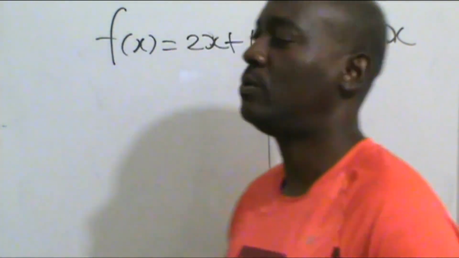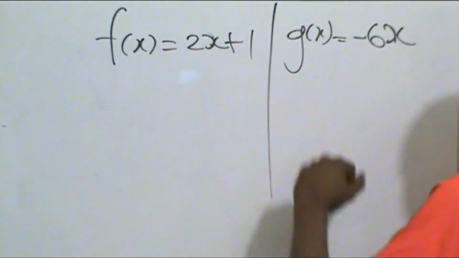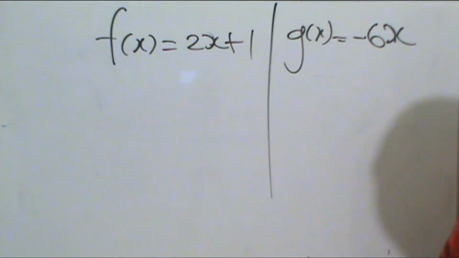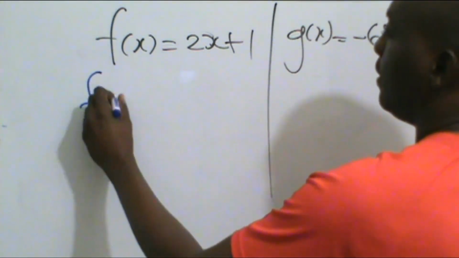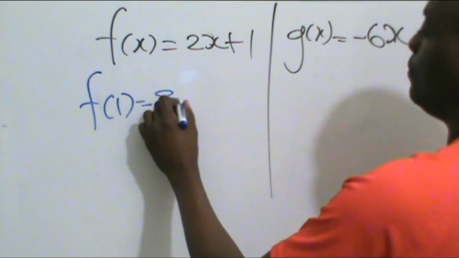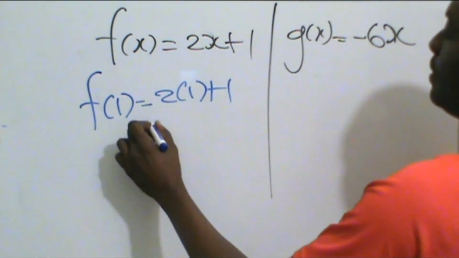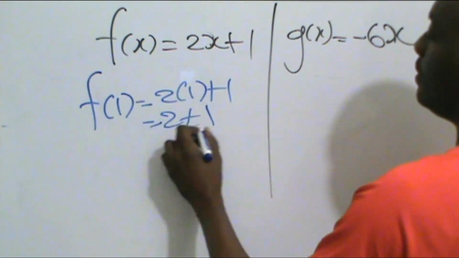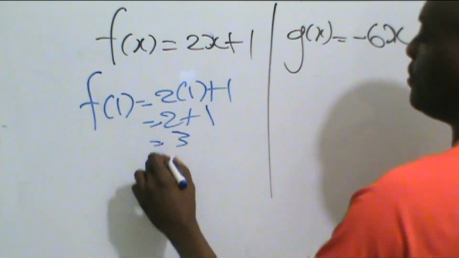So if we say, for example, f of 1 would be equal to 2 by 1 plus 1, 2 plus 1 is equal to 3.